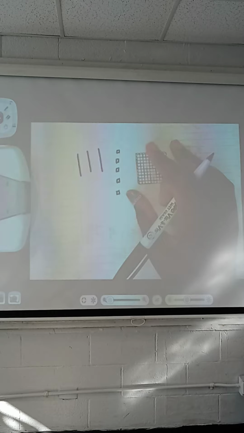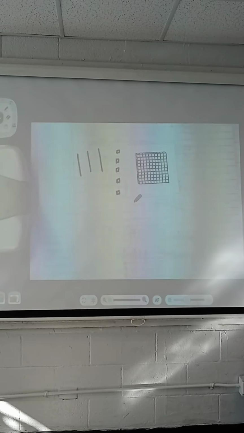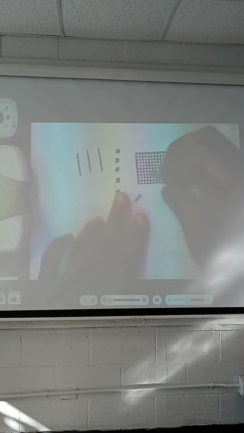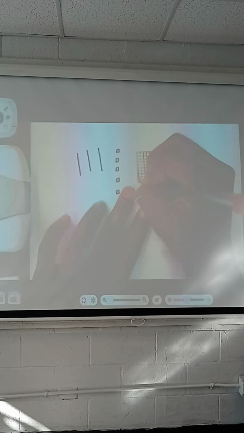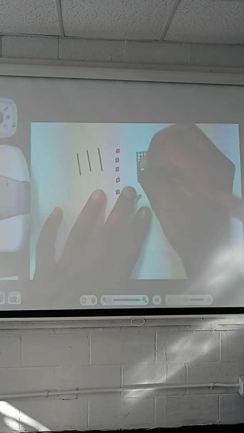If I'm shading 17, what's 17 gonna look like in that 100 block? Just call it out. How much am I gonna shade in? 1 ten, 7 ones, and how many blanks? 3. That's right. That's how my model is gonna look.